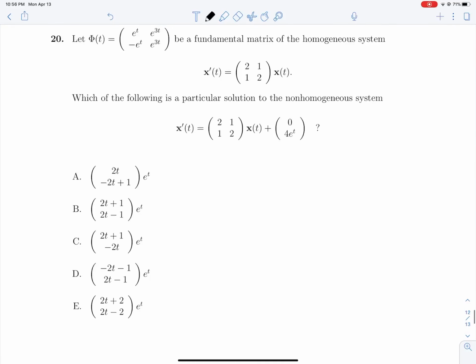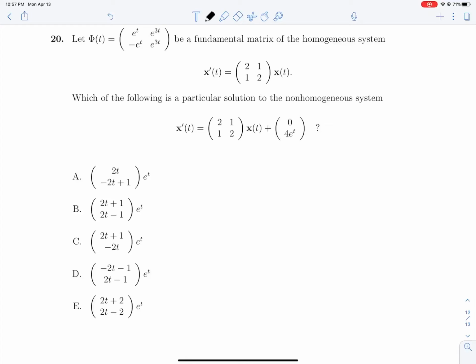Oh God, I forgot we had such a bad, not bad, but time-consuming problem as the last one. Okay, we have phi of t, that's the fundamental matrix for this homogeneous system, and we're trying to find a particular solution to this non-homogeneous system. Oh God, here we go.